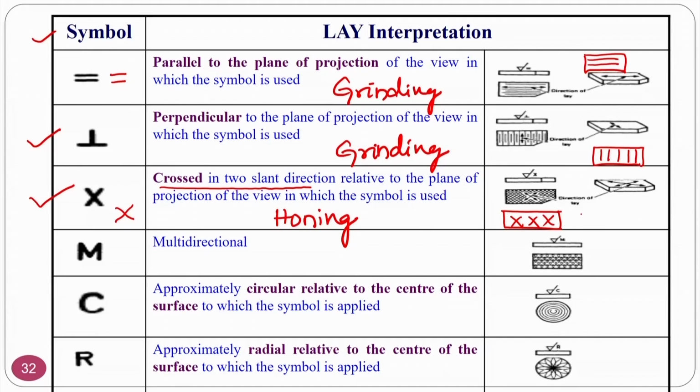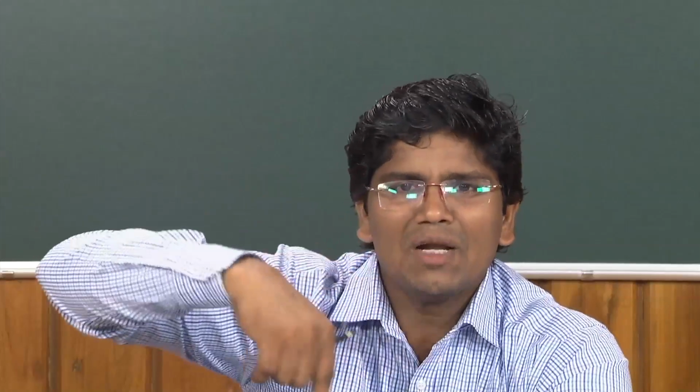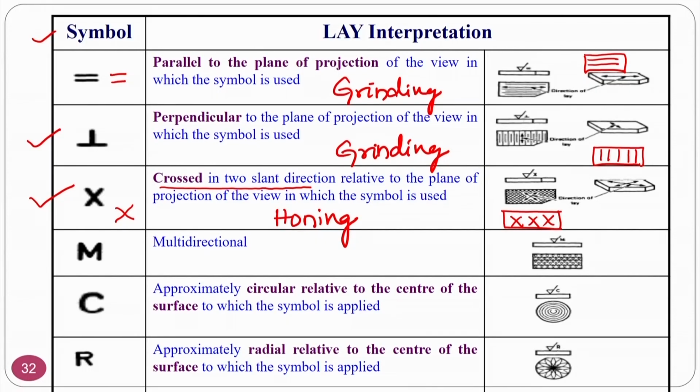As I said, there will be a helical motion in the forward direction and a helical motion in the reverse direction when it is coming out. Because of this, normally you will end up with cross hatch patterns. And for multi-directional, you will have many directions, not only cross hatch, you can also have parallel, perpendicular and other things.